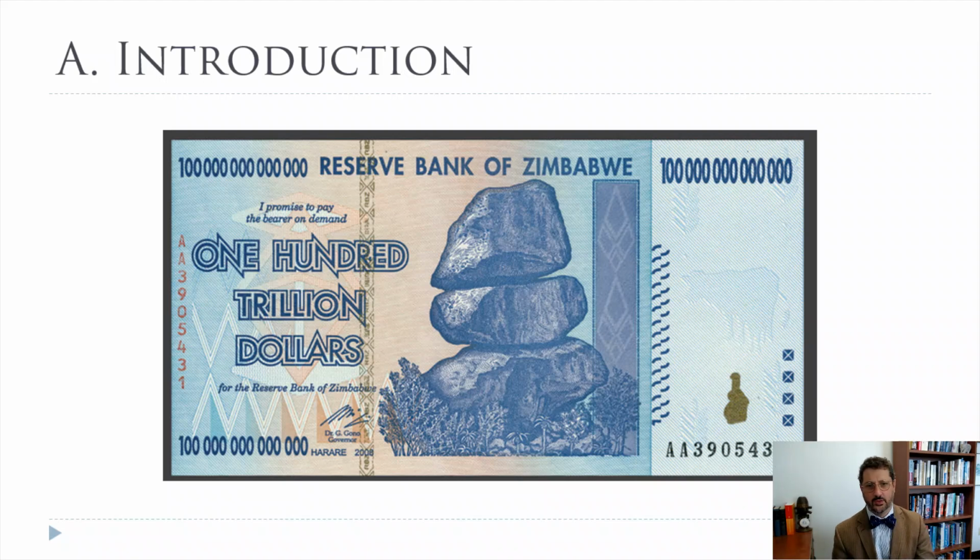And so then the question is, one, why do countries get themselves into that position in the first place? And two, what can they do to get out of it? Zimbabwe is only one example. We've had periods of hyperinflation in the interwar periods in Germany and Austria and Hungary. We've had hyperinflation in Russia, in Bolivia, in Argentina recently.